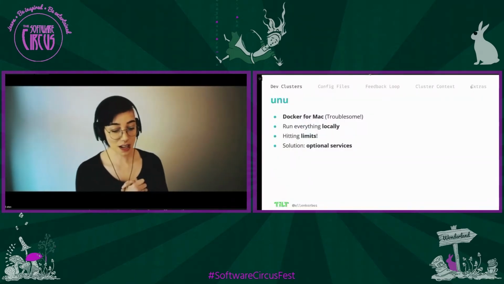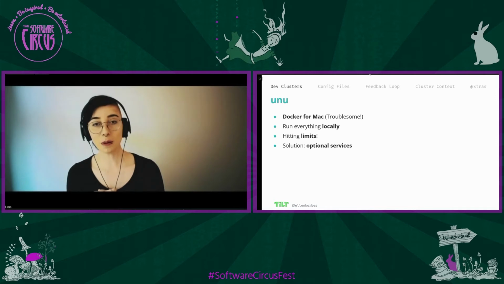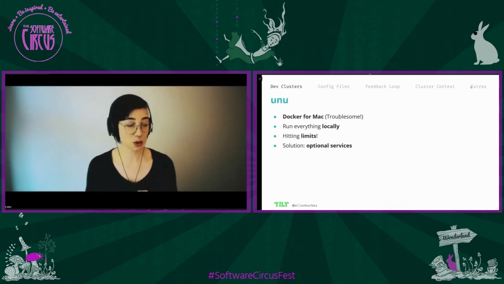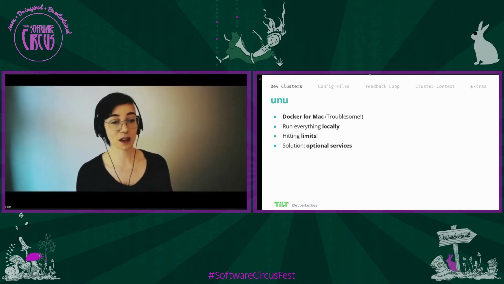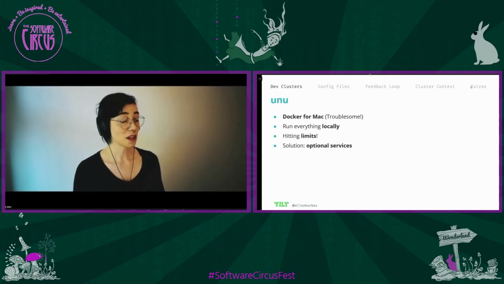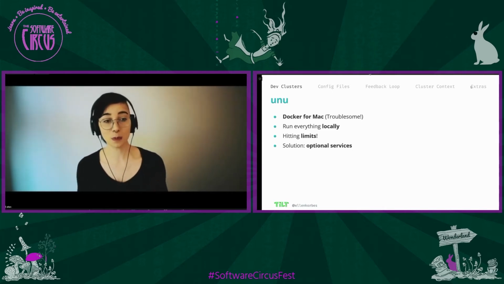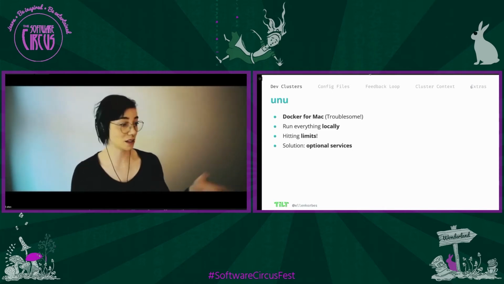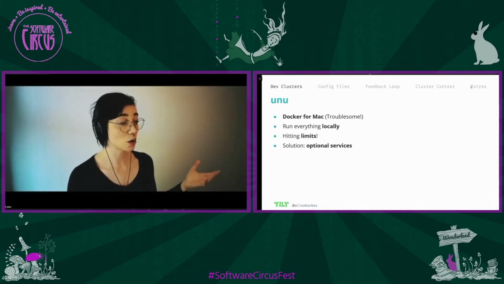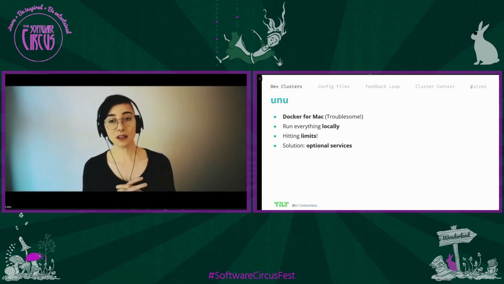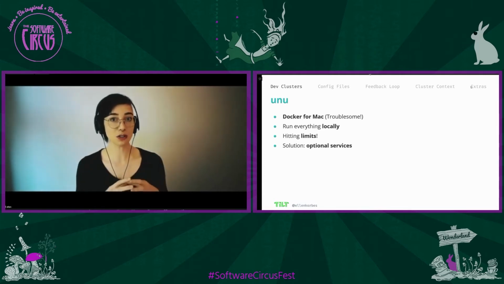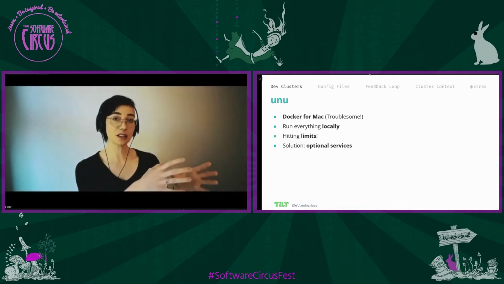Of course, there is a point when that causes trouble. For example, in the case of Uno, they're using Docker for Mac, but their app is too big. It doesn't fit the RAM, basically, and then it starts going crazy. So what happens? They made their application in a way that you have some core services that need to be always running. And then if the developer is working on this, you run these services.